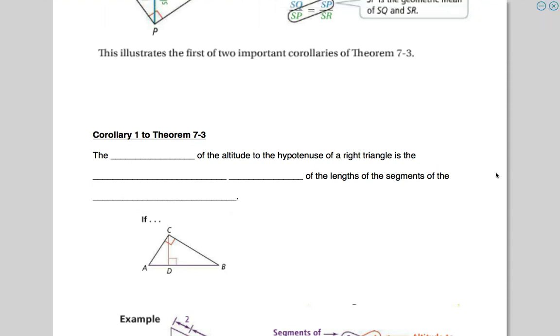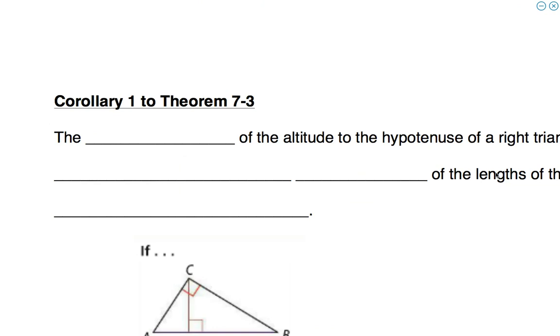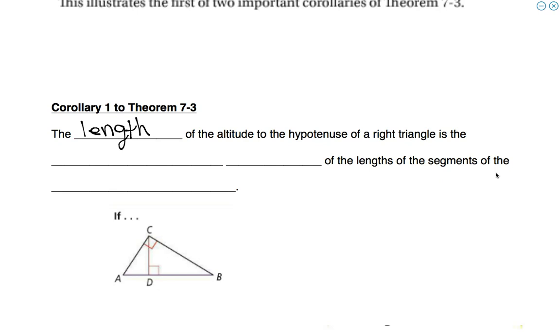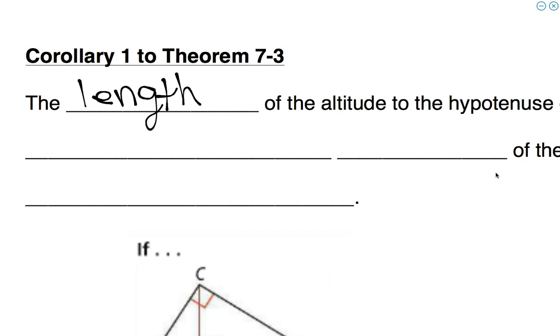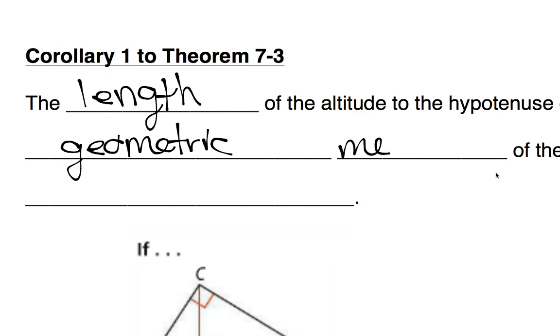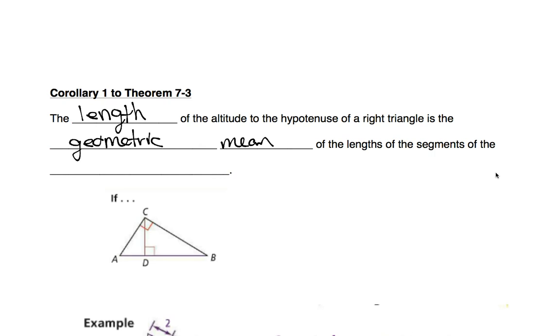So the length of the altitude to the hypotenuse of a right triangle is the geometric mean of the lengths of the segments of the hypotenuse.